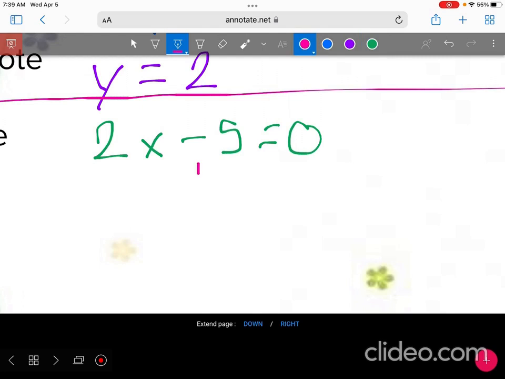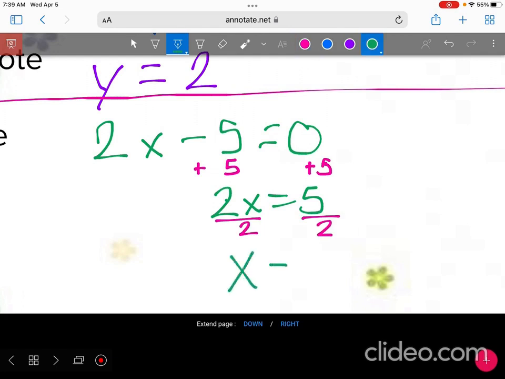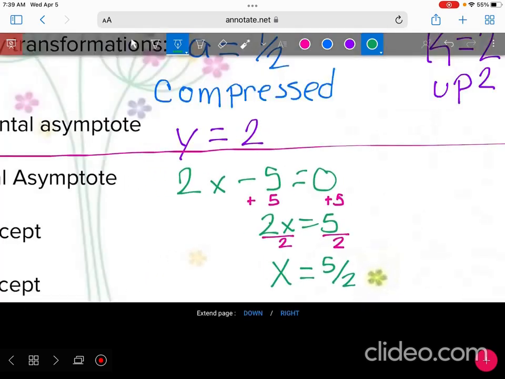I'm going to go ahead and walk us through it because we have 2 more to do and we really need to get to the last one today. 2x equals 5, so we add 5 to both sides. To get x by itself, divide by 2. So our asymptote is where x equals 5/2.